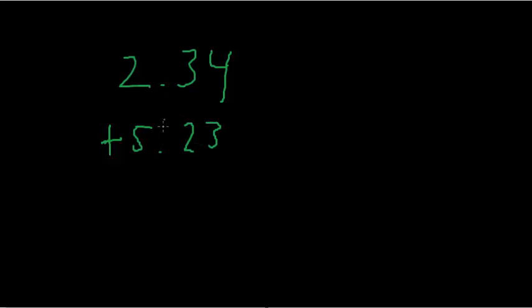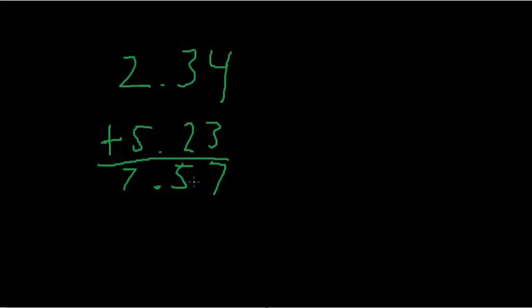My decimals need to be lined up so that when I go to add, I'm adding 2 numbers here in the hundredths place, and then my tenths, and then my ones. So again, 4 plus 3, we get 7, 3 plus 2 is equal to 5. Our decimal we just bring down, and 2 plus 5, 7.